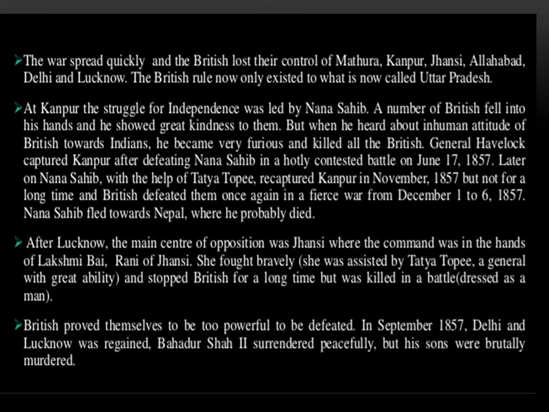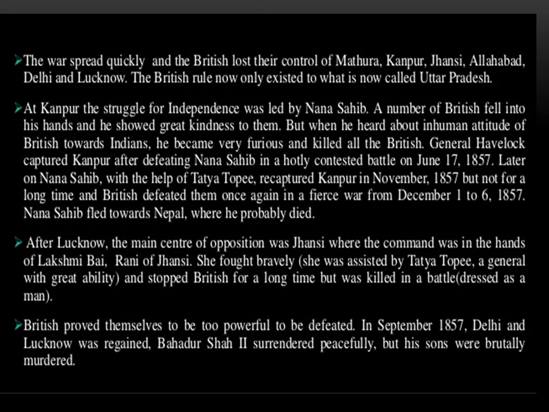Bahadur Shah, the Mughal emperor, surrendered peacefully, but his sons Mirza Mughal, Mirza Sultan, and Mirza Abu Bakr were brutally murdered, and their heads were carted and presented to the emperor as a lesson because he rose against the British government. So they cut the heads of his three sons, and these were presented to the emperor as a lesson.